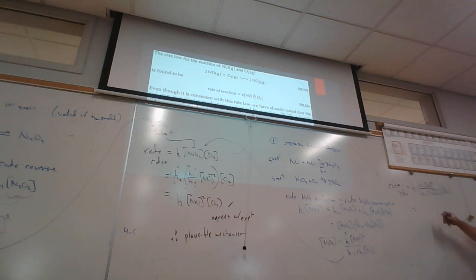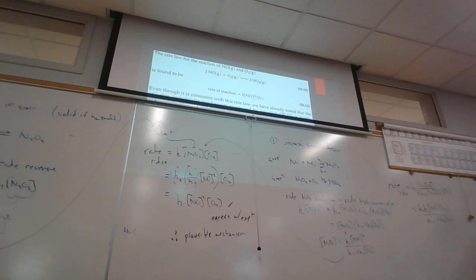Simplifying this, we'll just leave it like this: K2 K1 NO squared times O2 divided by K minus 1 plus K2 O2.